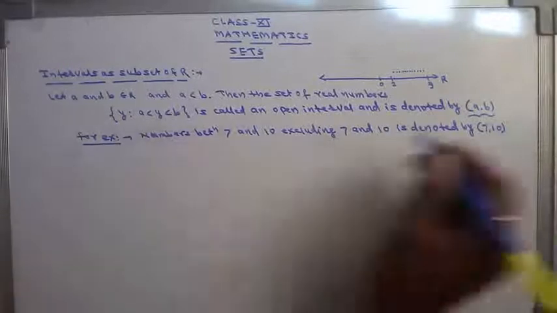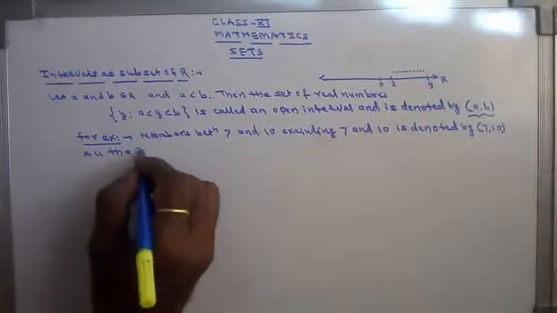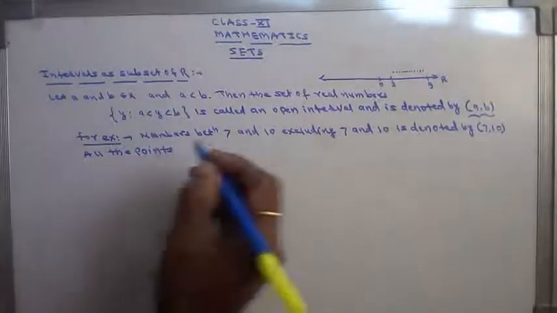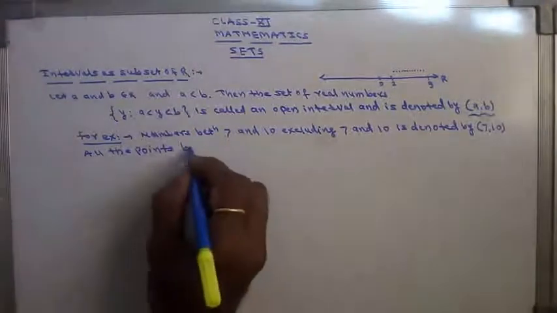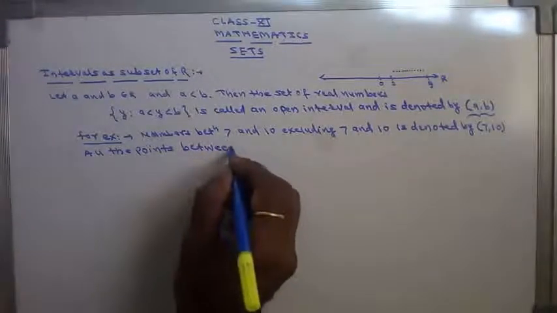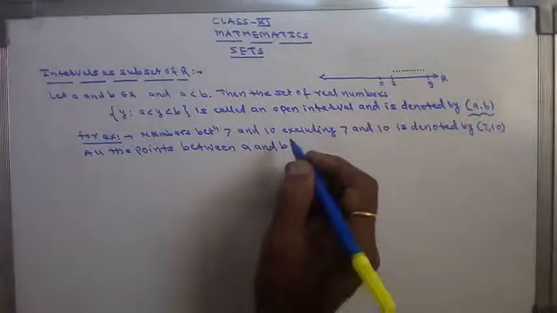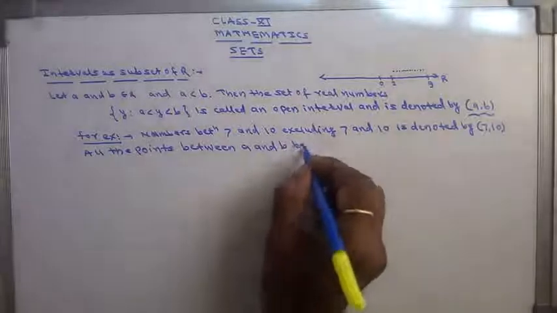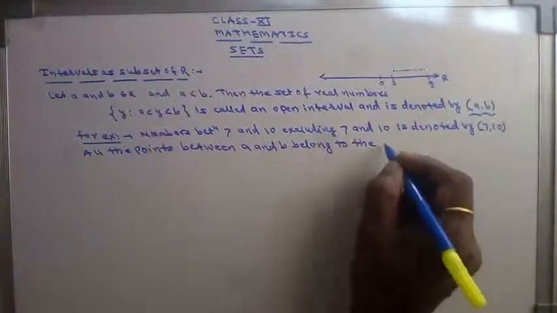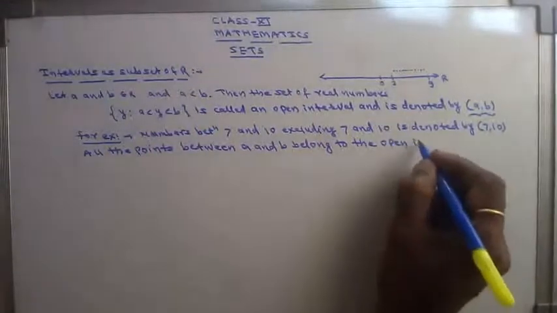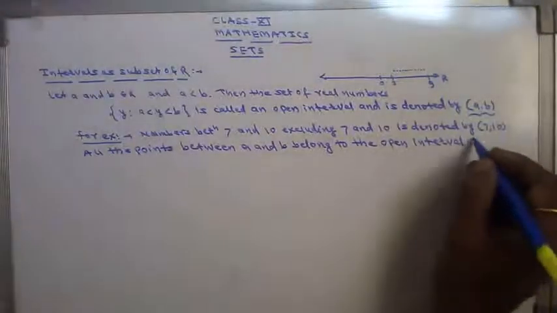So all the points between small a and small b belong to the open interval (a, b).